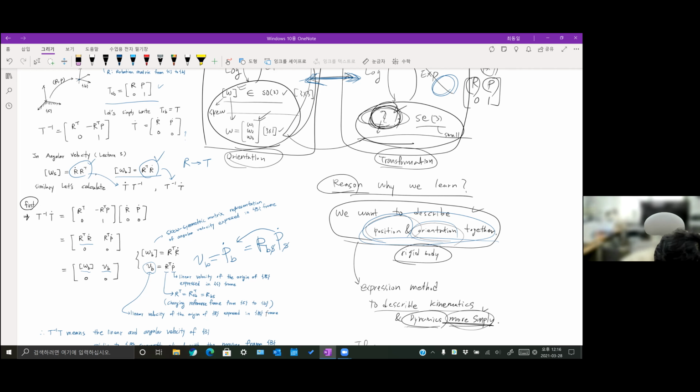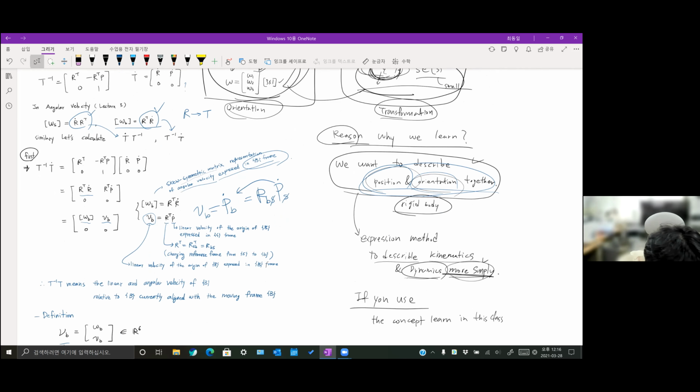This one is V_B. And this one is the skew symmetric matrix representation of angular velocity expressed in B frame.